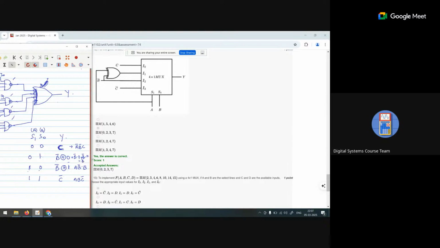So it becomes A B bar. And this one is A B. It's B. Now if this is the scenario, so it becomes 0 and 0. It is A bar B bar C, and it is A B C bar.